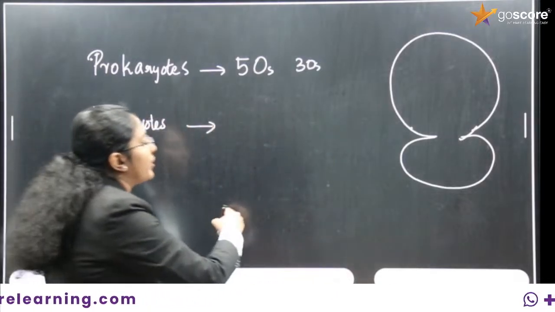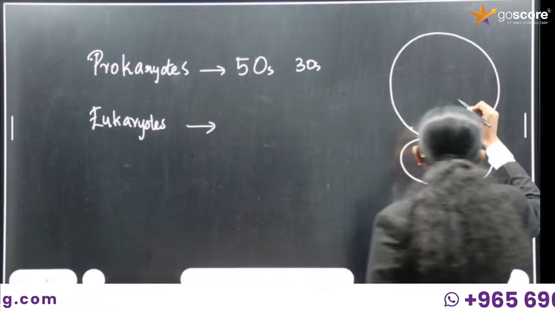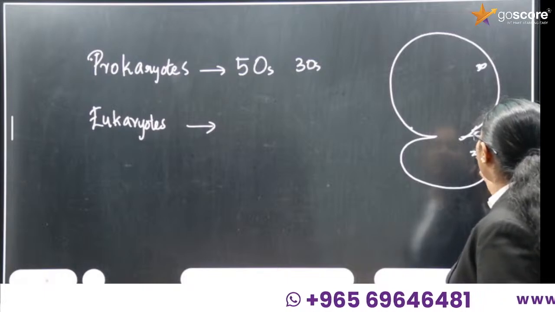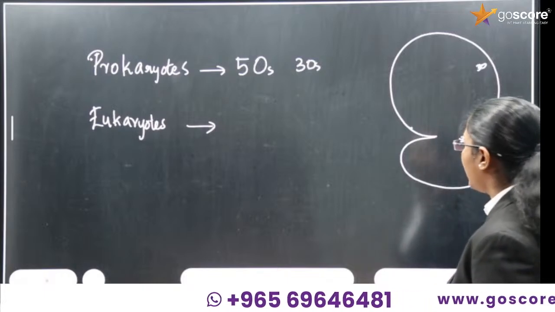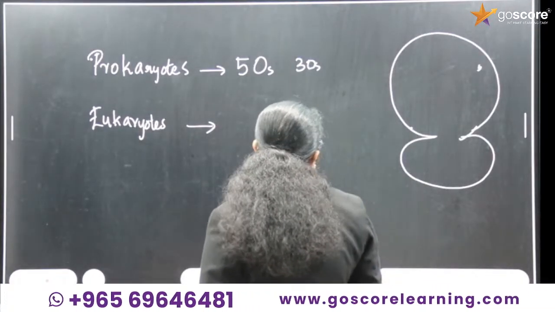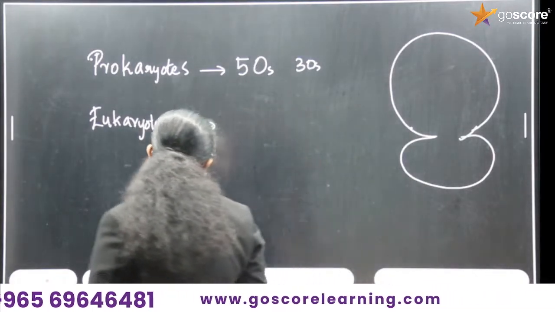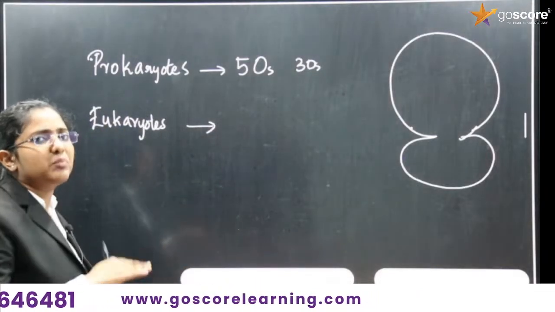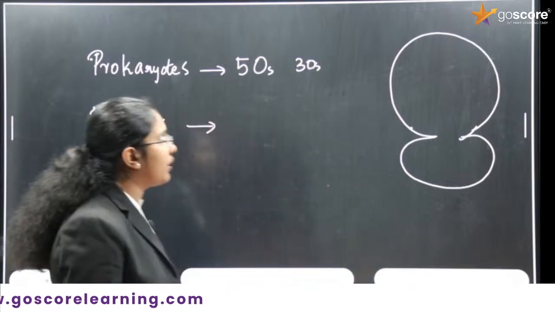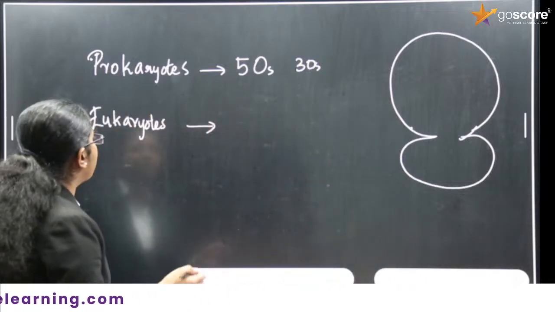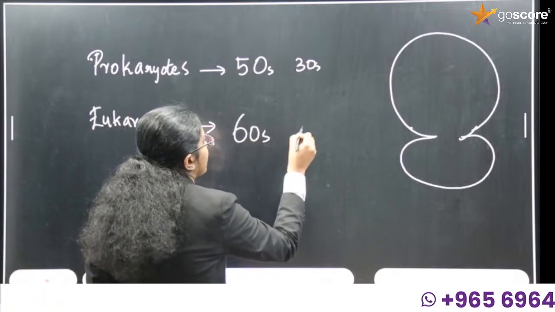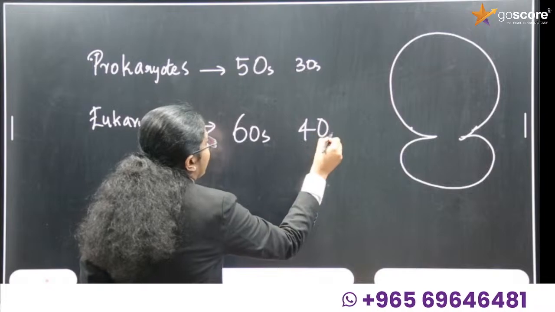The larger subunit is 50S and the smaller subunit is 30S. For the eukaryotic ribosome, the same structure, a larger subunit and a smaller subunit, is there. In eukaryotes, it is the 60S subunit and the 40S subunit.